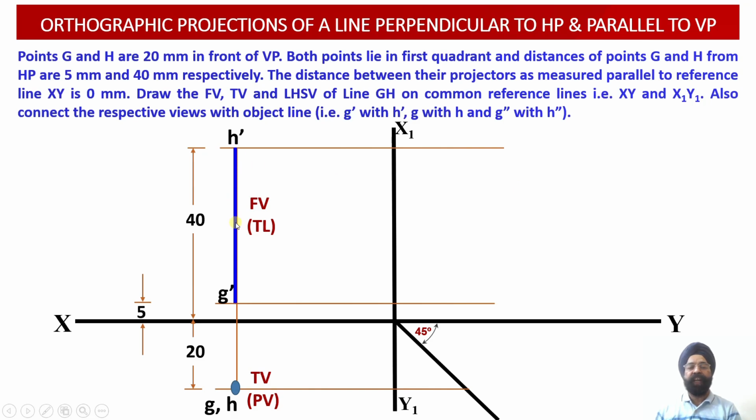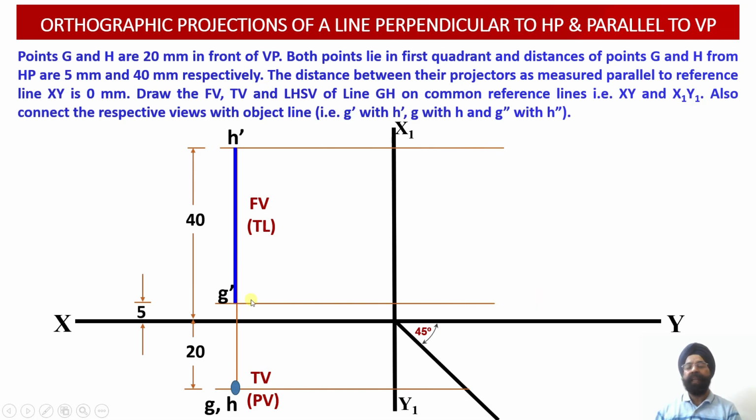So this is the front view projection that we have obtained. Now we have to draw two horizontal lines, or projection lines, emerging from points G dash and H dash into the profile plane in order to locate the positions of the points G double dash and H double dash.